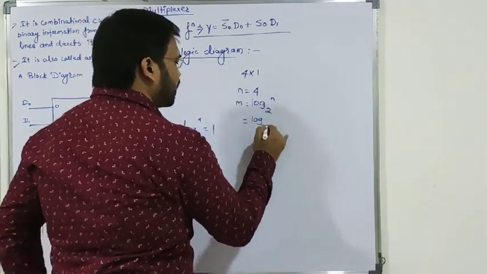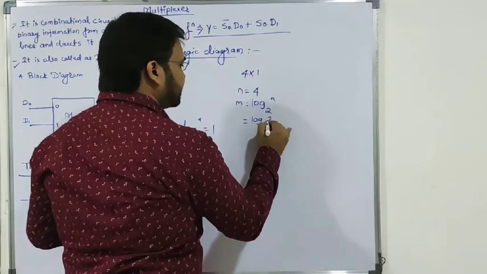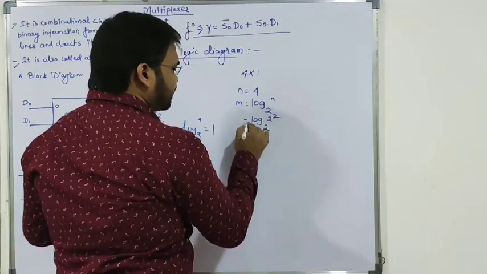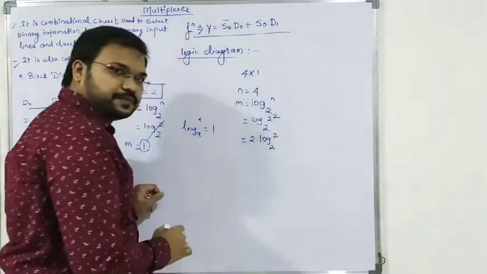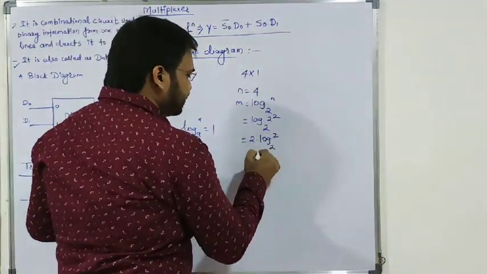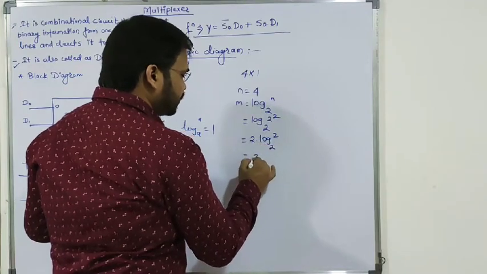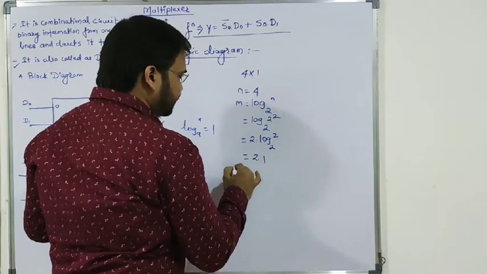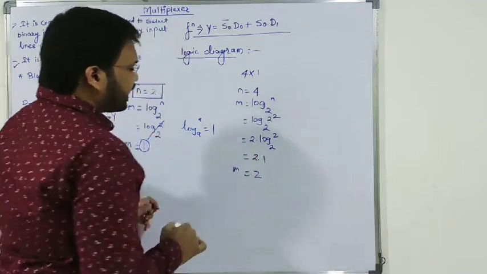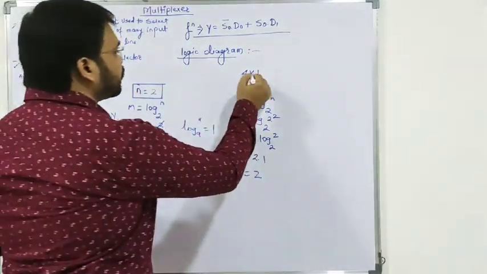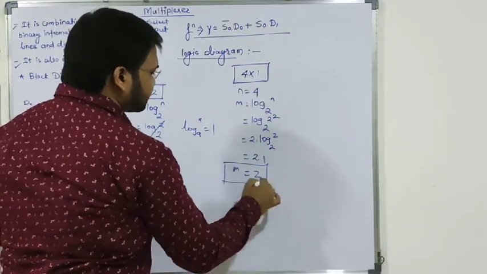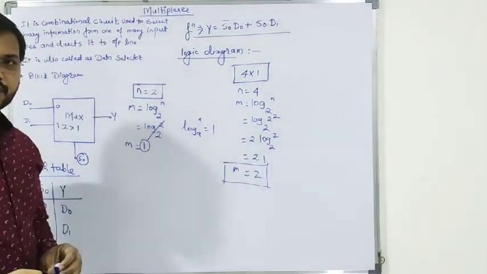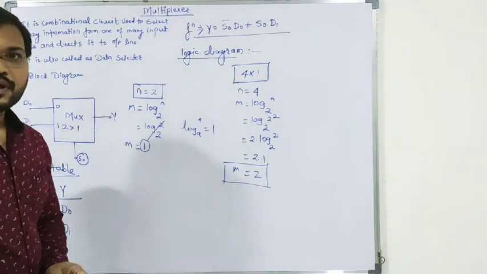Here log of 2 squared to the base 2 gives 2, so the number of select lines for a 4:1 mux is 2. We'll discuss that.